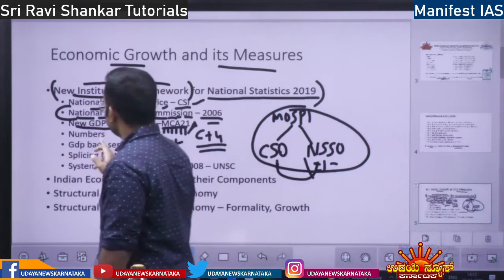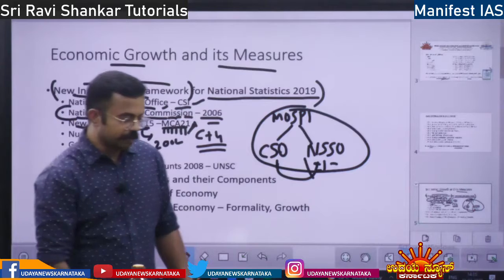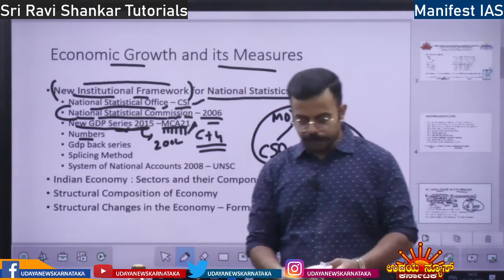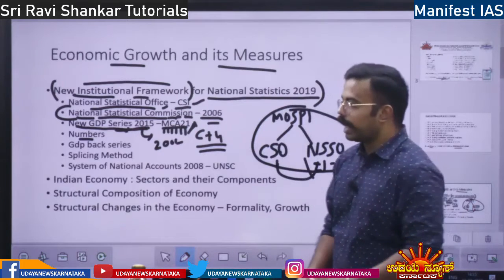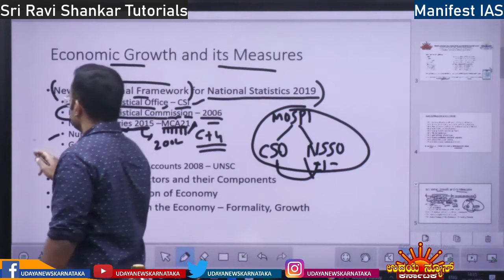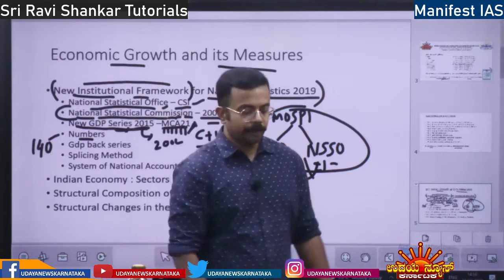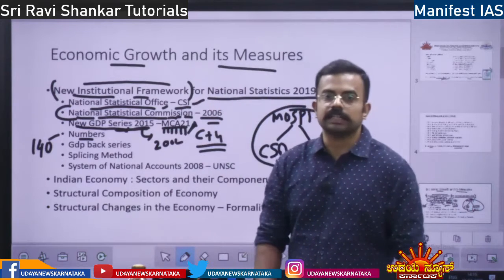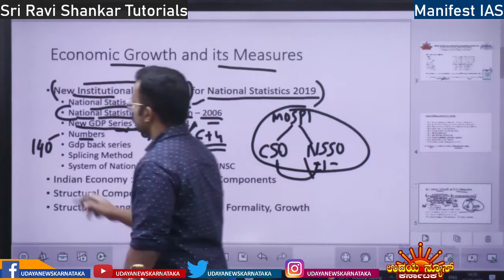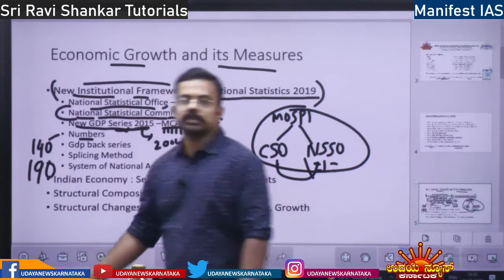Okay. With respect to GDP numbers, yesterday I told you the real GDP of India is 140 lakh crores. Nominal GDP, the GDP which includes inflation, is 190 lakh crores.